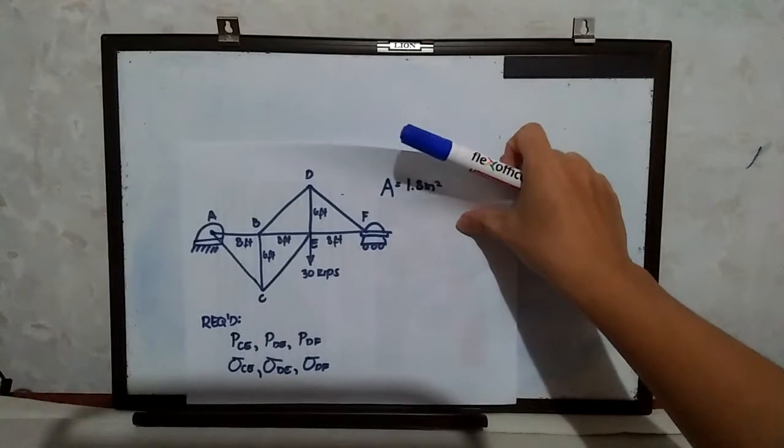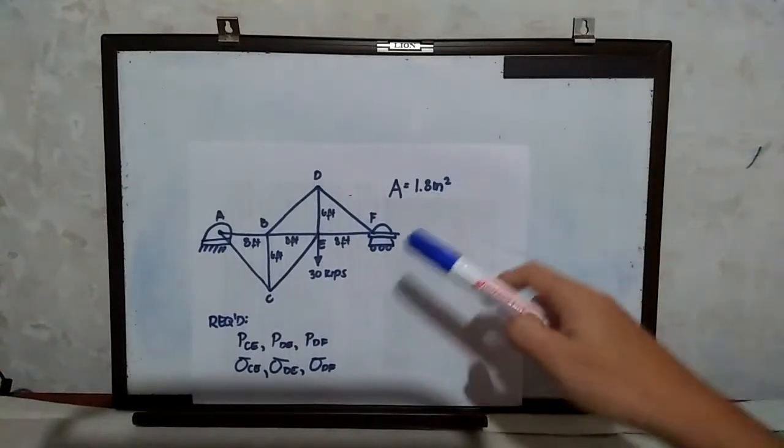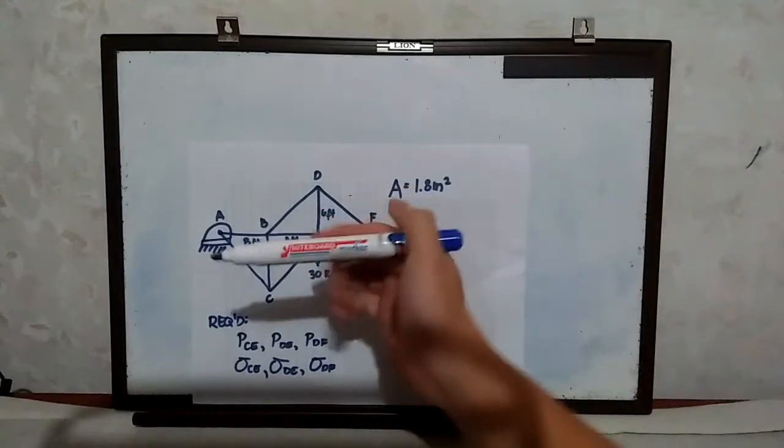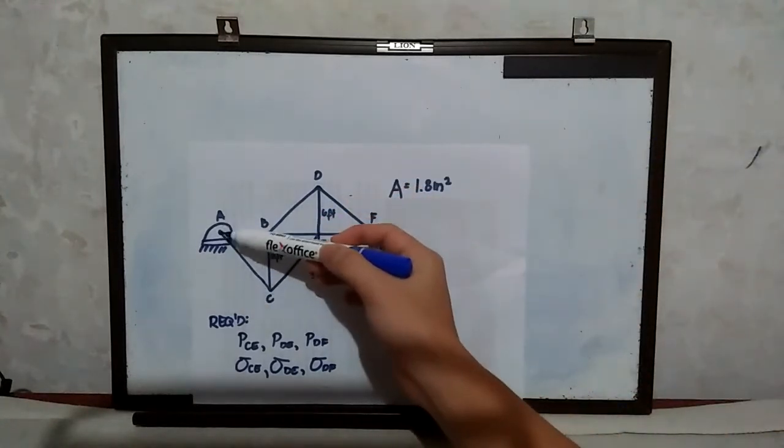So I hope you can simply see this free body diagram. And the first thing to consider is what should be the first step in solving truss problems. The first step again is to solve first the reaction points. Those reaction points will be at member A, this one, AB.